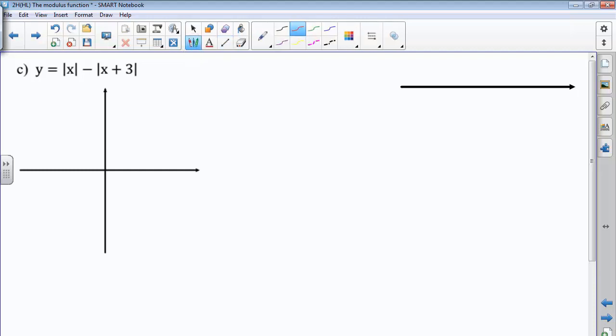First, the boundary point comes from this one being 0. When x is 0, this is one boundary point. When x plus 3 is 0, x is negative 3. This is another boundary point. Then you will see negative 3 and 0 divide the whole number line into 3 parts.